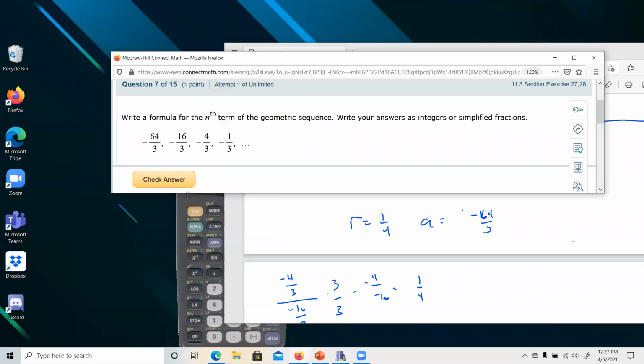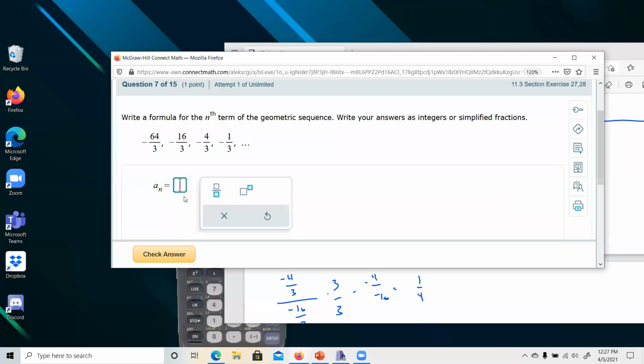So my nth term here is a sub n equal to, are these alternating? They are not, so I can make them all negative. So we're going to have 64 over 3. How do they want this? Times 1 over 4, let's make that negative.